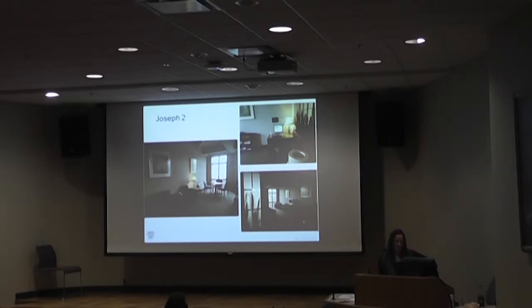Joseph's second floor. For anyone familiar with the Joseph building, there are some very nice, spacious family lounges that face north, with some very nice ornate woodwork, kind of the original design of the building. So these are a little more spacious areas.